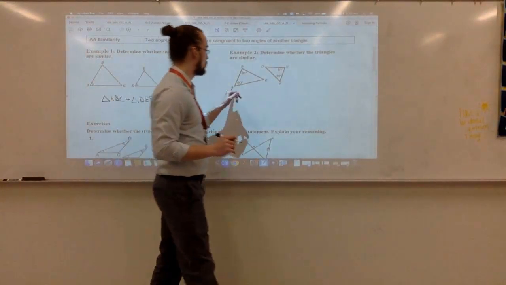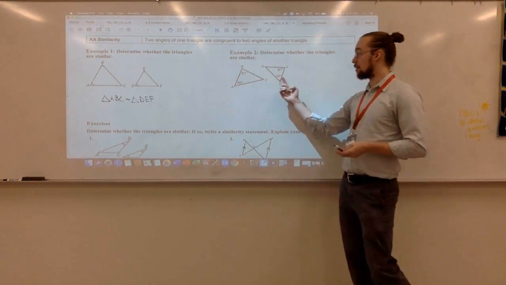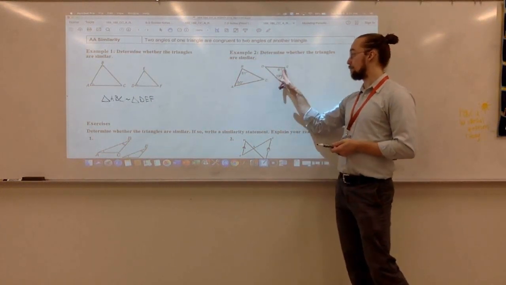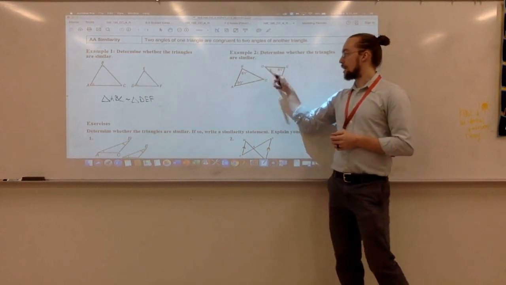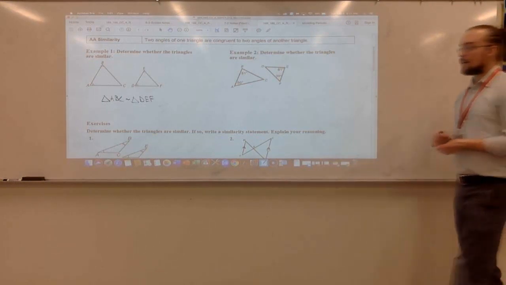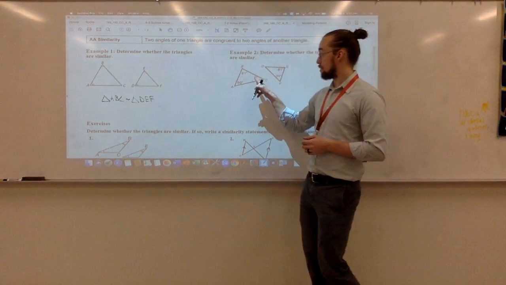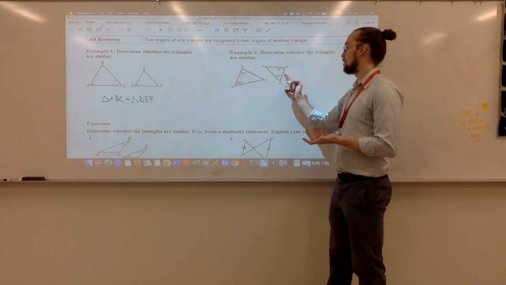In example 2, the angles that we have, A and F, are obviously not congruent. We do have B and D congruent, but we can easily check to see if C or D would have the same measure. I could take 180 minus 81 minus 60 to get this measure.